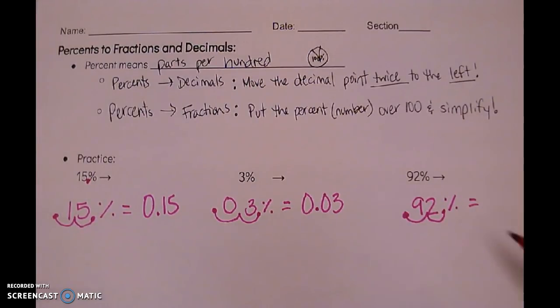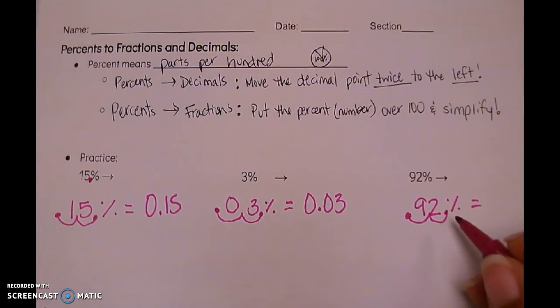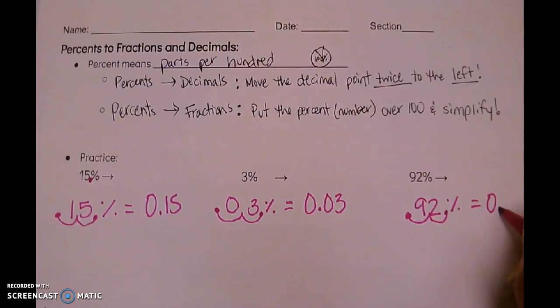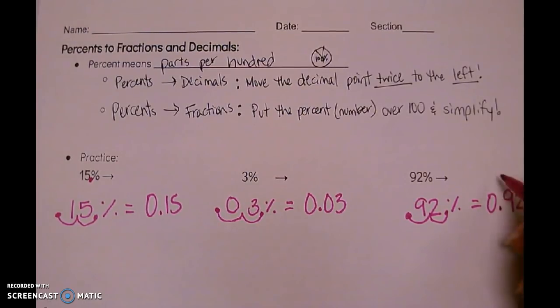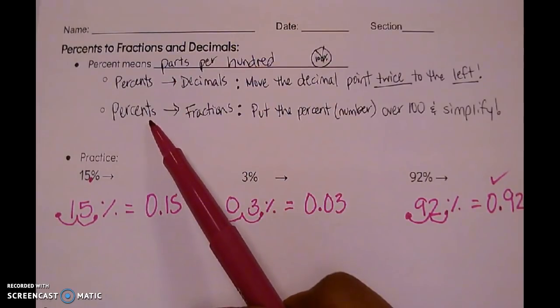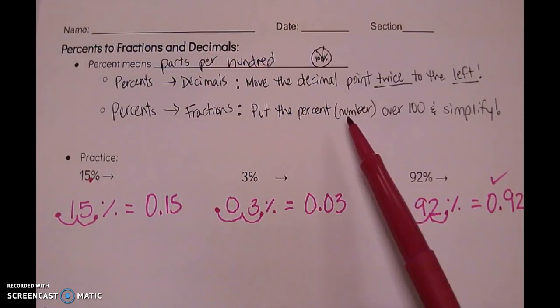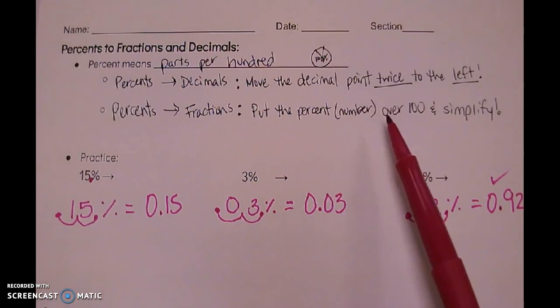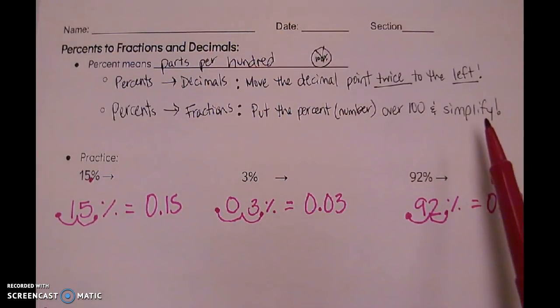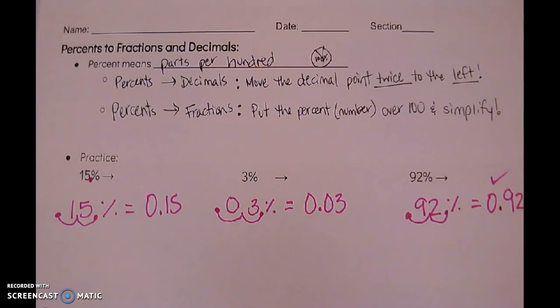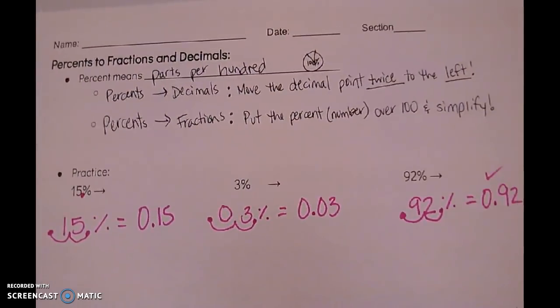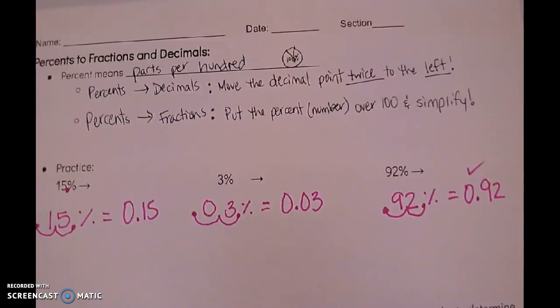Before we move on to our next note, if you said that 92% was the same thing as 0.92, then you are correct. Now, when we're converting percents to fractions, you want to put the percent number over 100 and simplify as best you can. Because remember, that percent symbol means parts per 100.